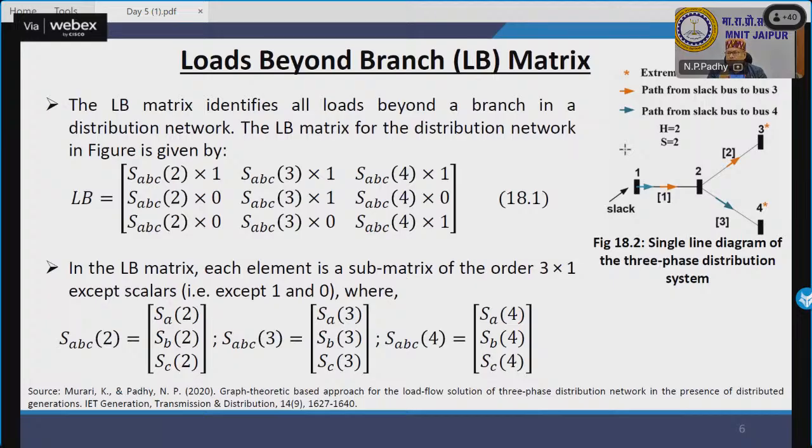Red is the path from the slack bus to bus 3, and green is the path from the slack bus to bus number 4. So this is how 2 different paths are defined from the slack bus to the last points. You have to find the extreme terminal points, and from the slack bus you can reach those extreme points through 2 different paths.